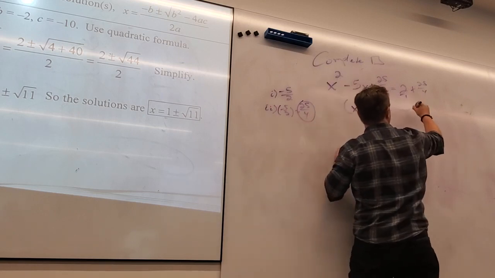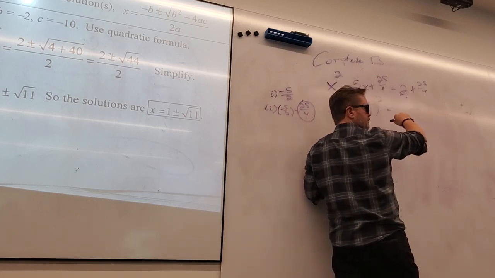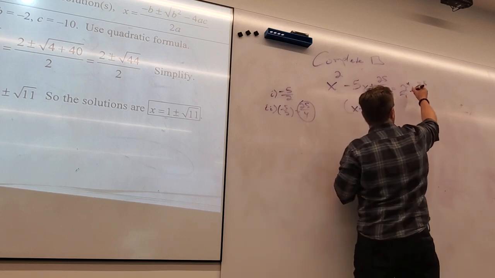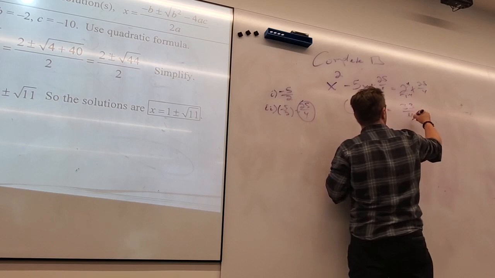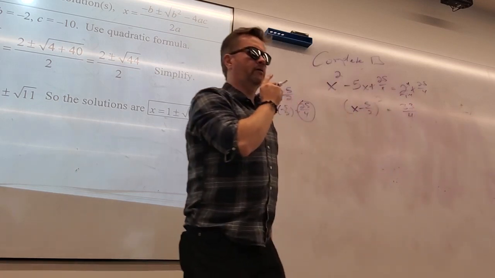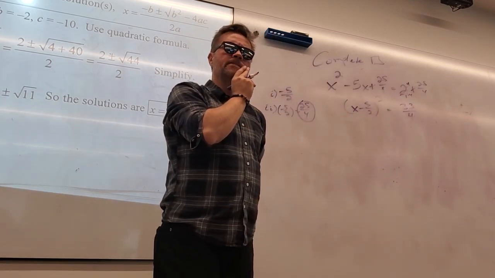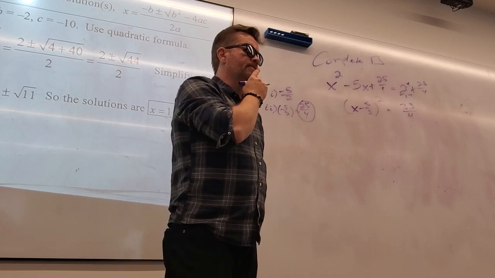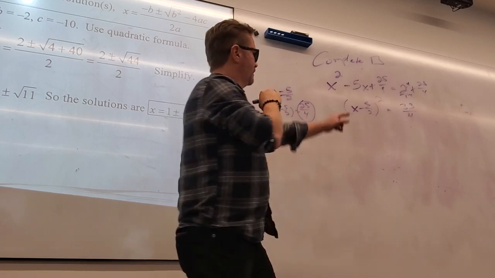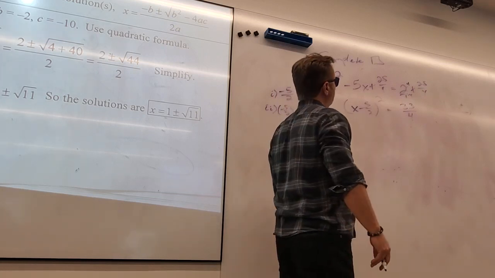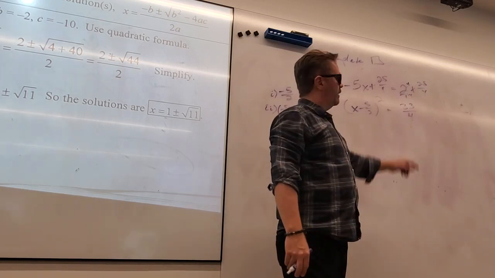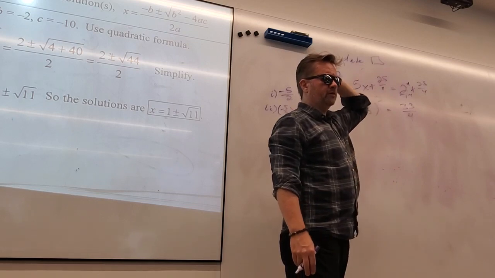Over here, LCD, yes? Multiply by 4. 8 plus 25 is 33. Can we stop for a minute? What did you just do with that, too? Multiply by 4 on top and bottom and make it have an LCD with 25 fourths.